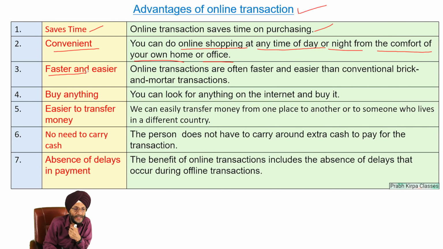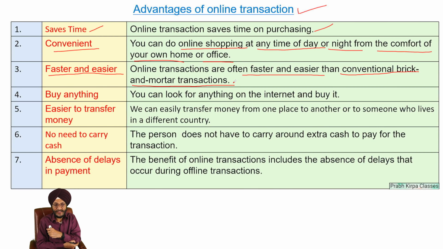Next benefit of online transaction is that it is faster and easier. Online transactions are often faster and easier than conventional brick and mortar transactions. Brick and mortar transactions means whenever we visit a shop to purchase something, it involves time in going there, selecting something from the display, and then making payment.